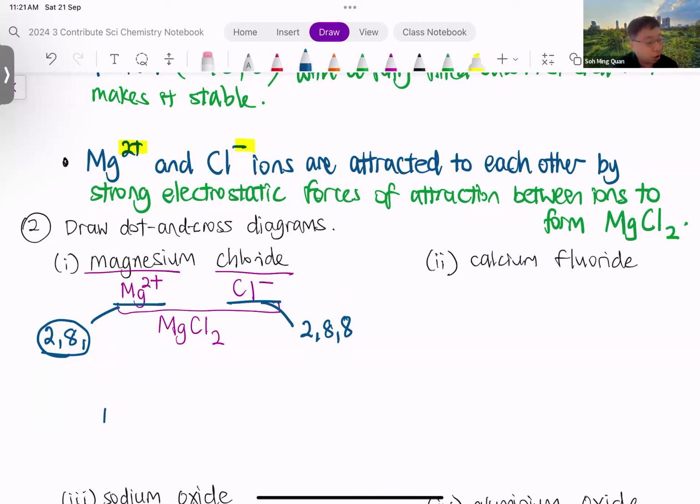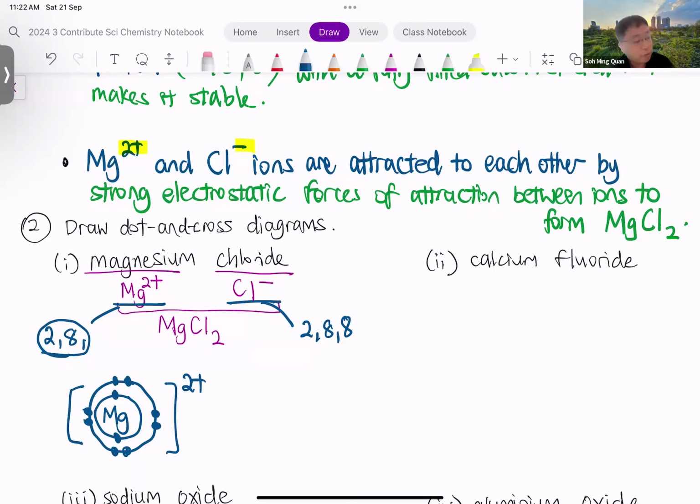So now we're going to draw. We draw Mg2+. Mg2+ is 2,8. So this is Mg2+ with a 2,8 electronic configuration. And then we move to Cl, 2,8,8.